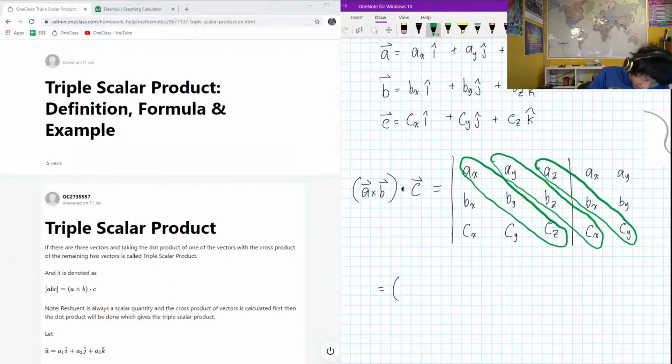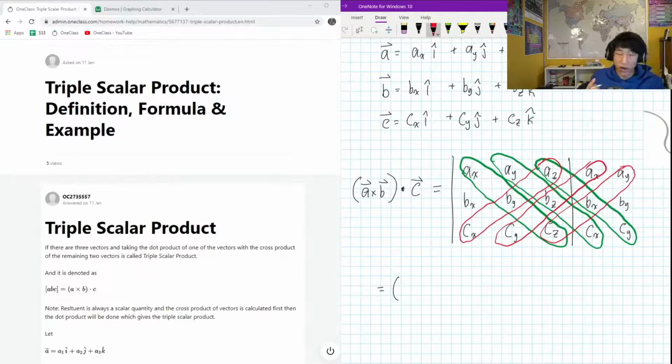And in the other direction, maybe I'll do red for the other direction, we want to do it this way, but we're going to subtract these multiplication terms. Instead of starting at this AY right here and multiplying, it's easier to do it like this. That's why we redrew these terms out here. Okay, so the reds are going to be subtracted and the greens are going to be added together.